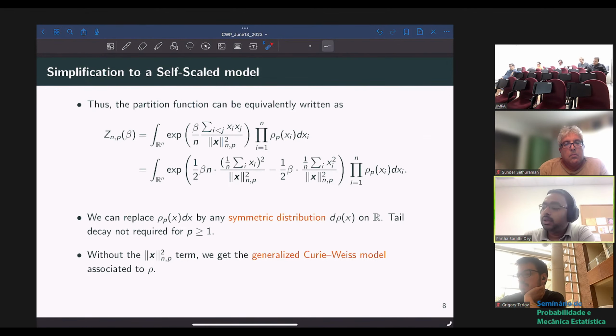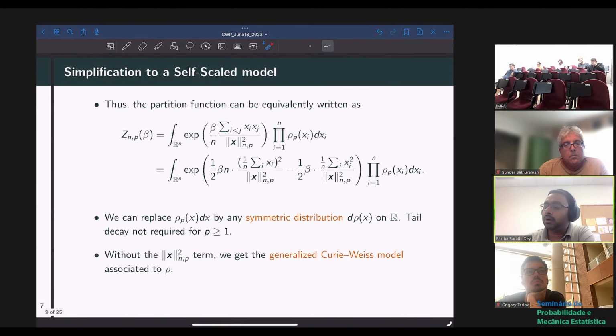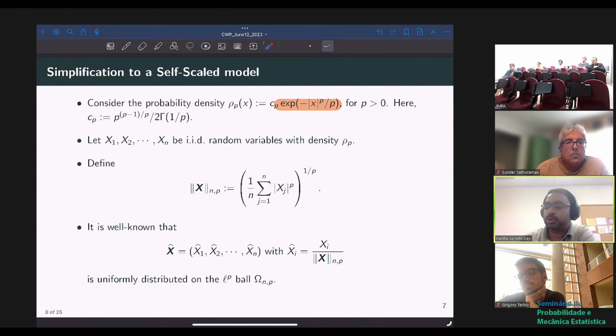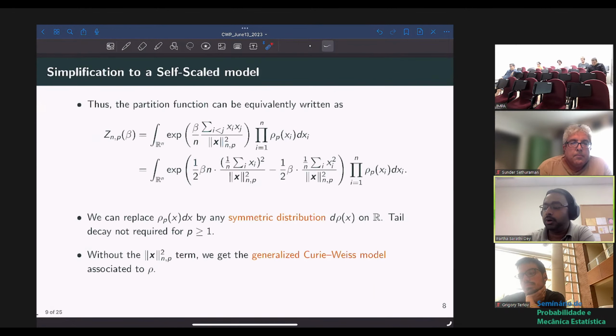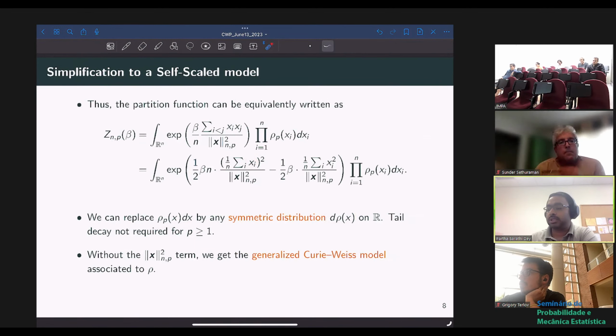Now here, this rho_p is proportional to e to the power minus |x| to the power p over p, but we don't need to take this rho_p. We can replace it by any symmetric distribution. We don't even need a density. We can replace this rho_p dx by any symmetric distribution, symmetric just to make sure we have the appropriate plus or minus 1 sign symmetry.